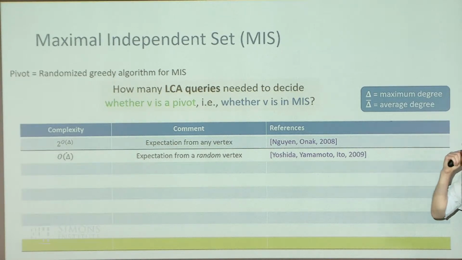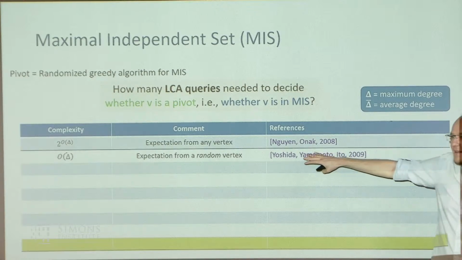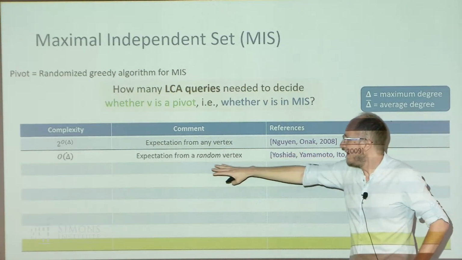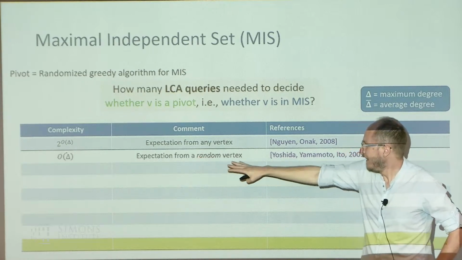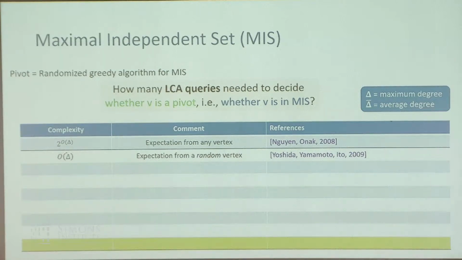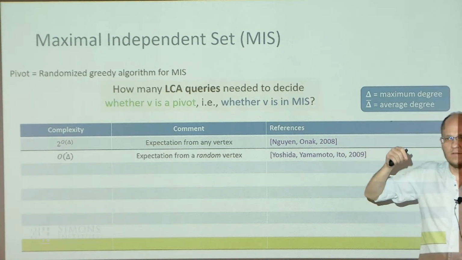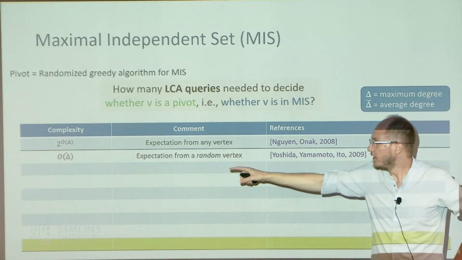Then just a year later, there was this really beautiful work by Yoshida, Yamamoto, Ito, and they make an amazing improvement. They show that if you take a vertex at random from your graph, and then you ask the same question, how many queries you need to learn from this random vertex whether it's in MIS or not, you need only order of the average degree.